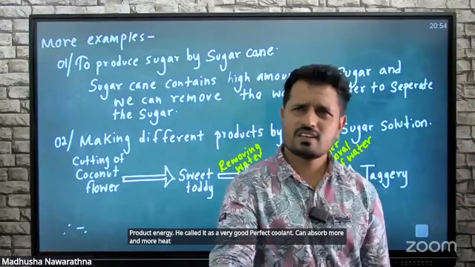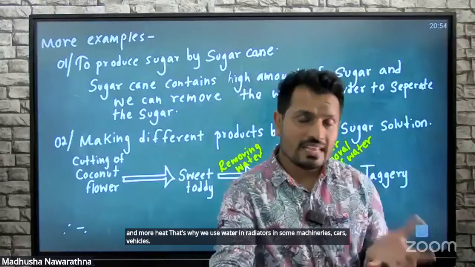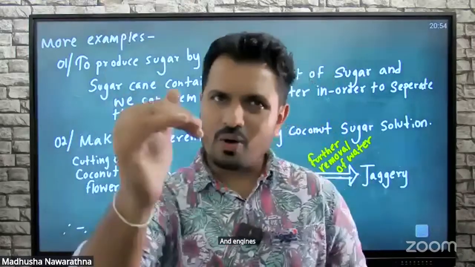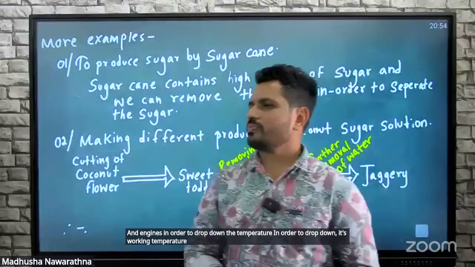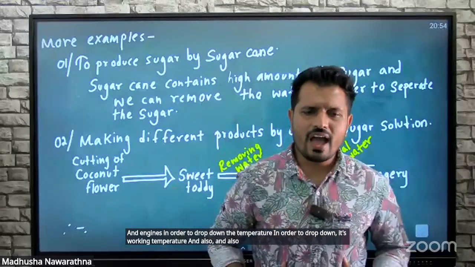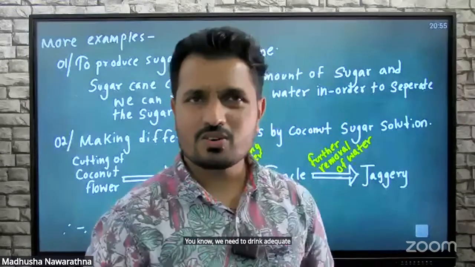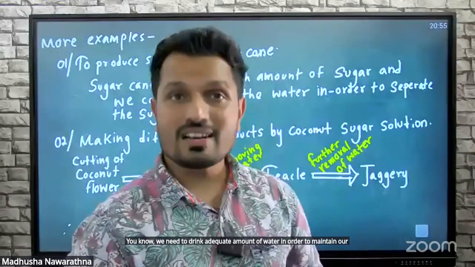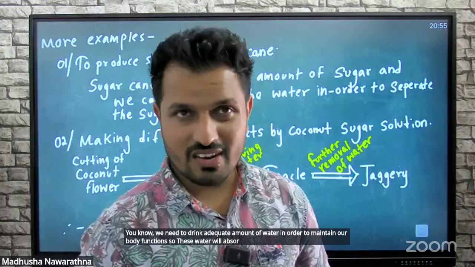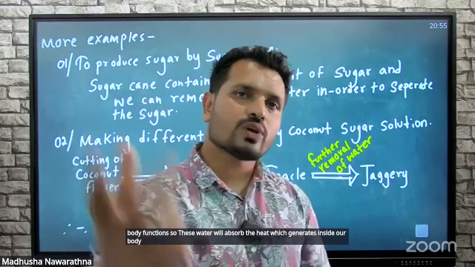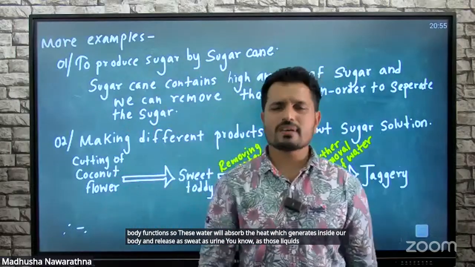That's why we use water in radiators, in some machineries, cars, vehicles, and engines, in order to drop down the working temperature. And also, even inside our body we have water, right? We need to drink an adequate amount of water in order to maintain our body functions. This water will absorb the heat which is generated inside our body and release it as sweat, as urine, as those liquids released to the environment.